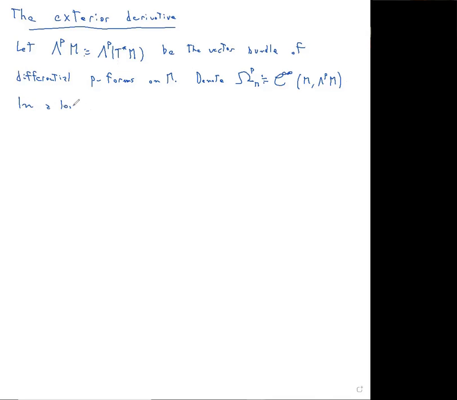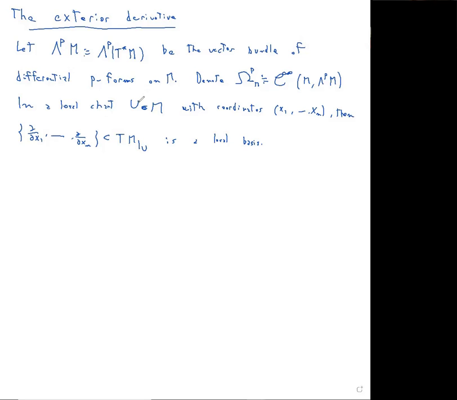So in a local chart U contained in M with coordinates x1, ..., xn, then we know that if we take the ∂/∂x1, ..., ∂/∂xn, this is a local basis of TM restricted to U. Yeah, so we remember what this means.